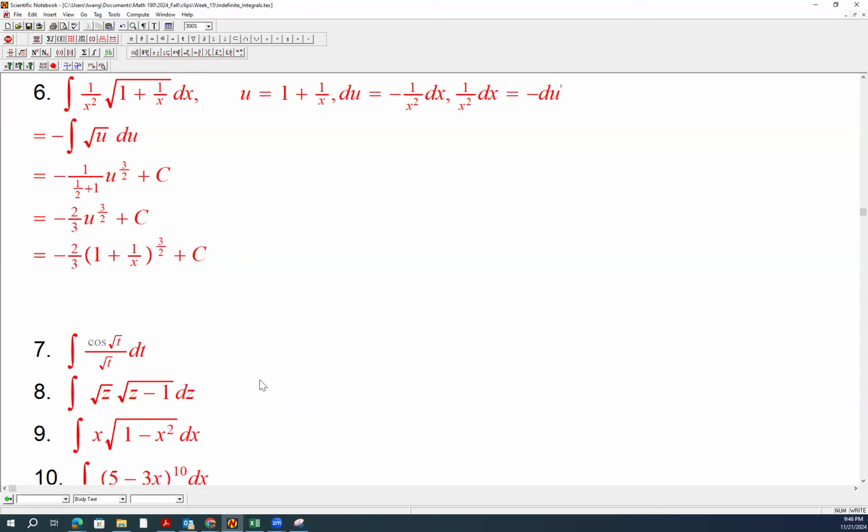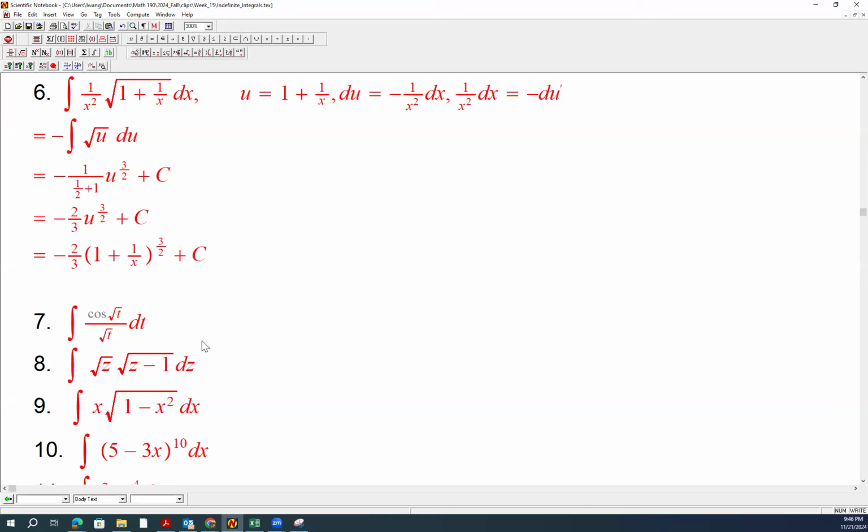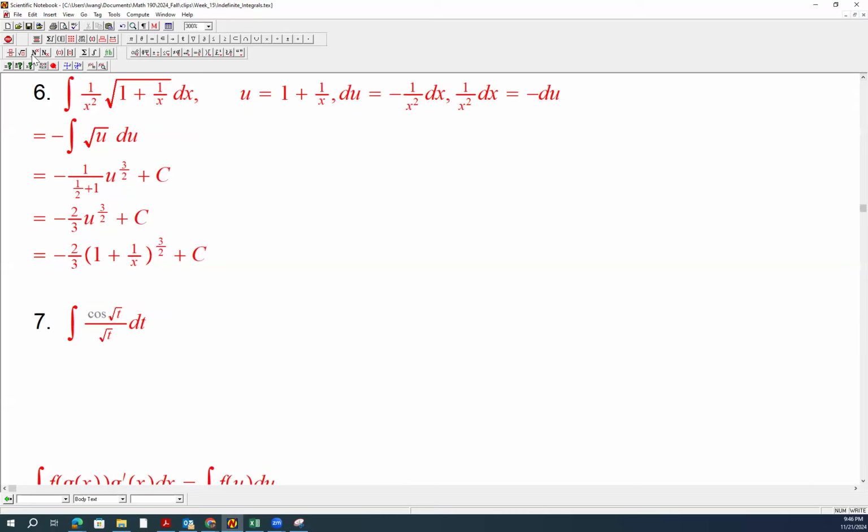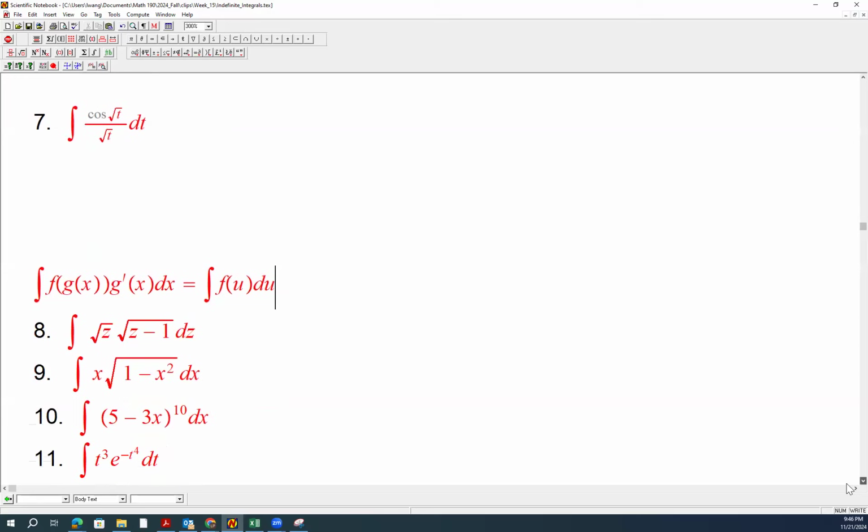All right, so let's look at the next question. Number 7. So this is how you show your work. The other half, you write down the substitution and whatever you have derived.